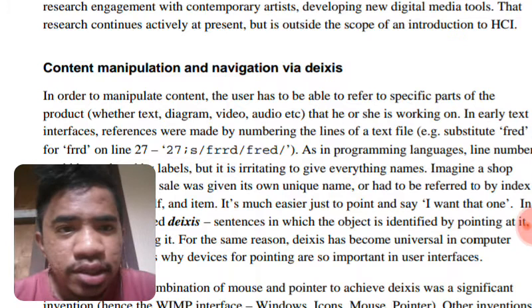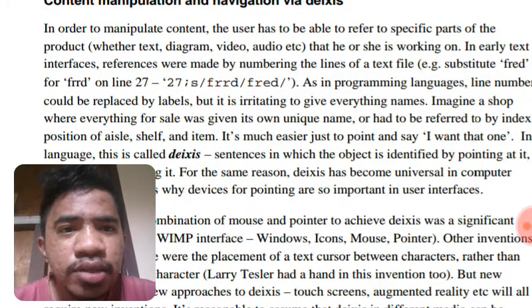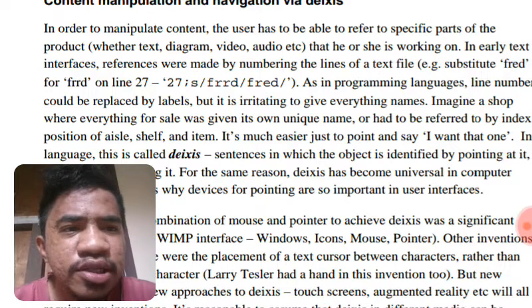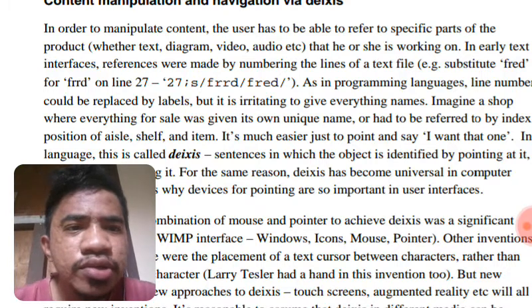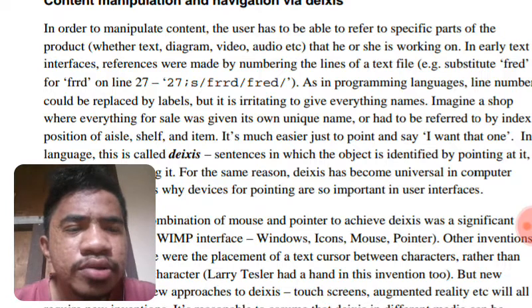Content manipulation and navigation via DXs. In order to manipulate content, the user has to be able to refer to a specific part of the product, whether text, diagram, video, or audio, that he or she is working on.